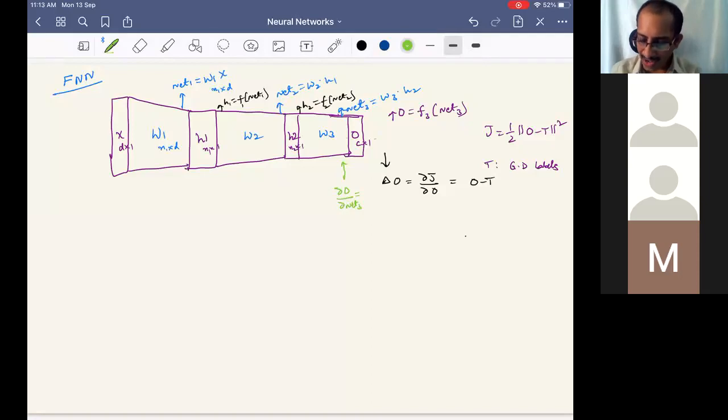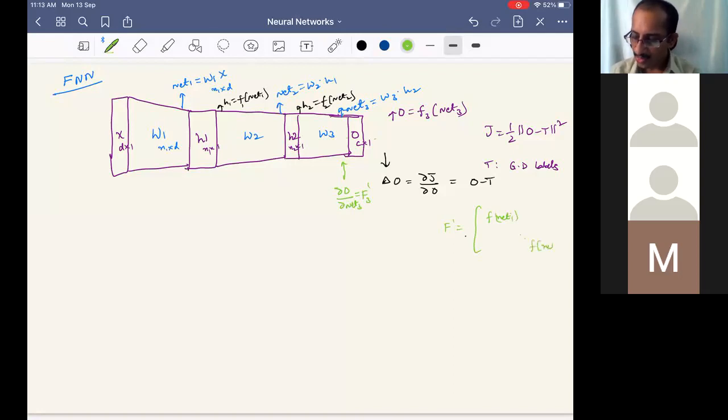How should we write this? You remember this F3 dash. What will F3 dash be? A diagonal matrix. It has F of net 1 and so on. This small index is different, please note that.